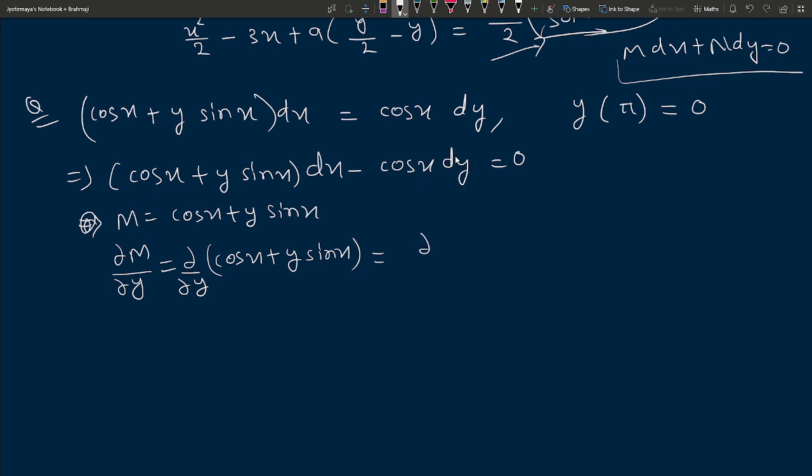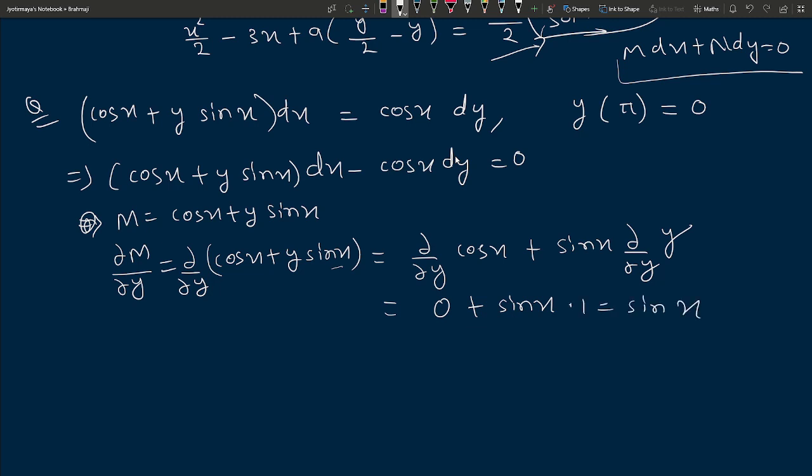Cos x is a constant, sin x is constant. So keep sin x outside, del by del y of y is 1, since with respect to y, x is constant and the derivative of a constant is 0. So this is your sin x.